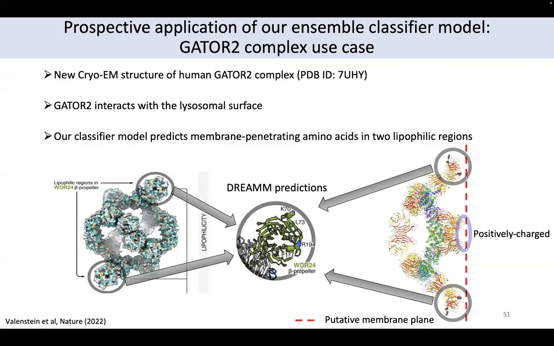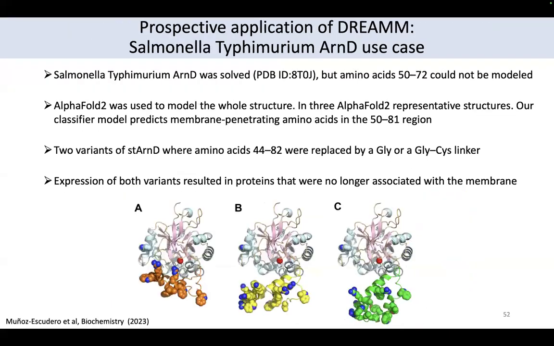And indeed, they found that the DREAM predictions were correlating correctly with amino acids that contact the membrane. Basically, they found the DREAM prediction regions, and they mutated these residues, and then the protein was not binding on the membrane anymore. So it was a validation of our algorithm.